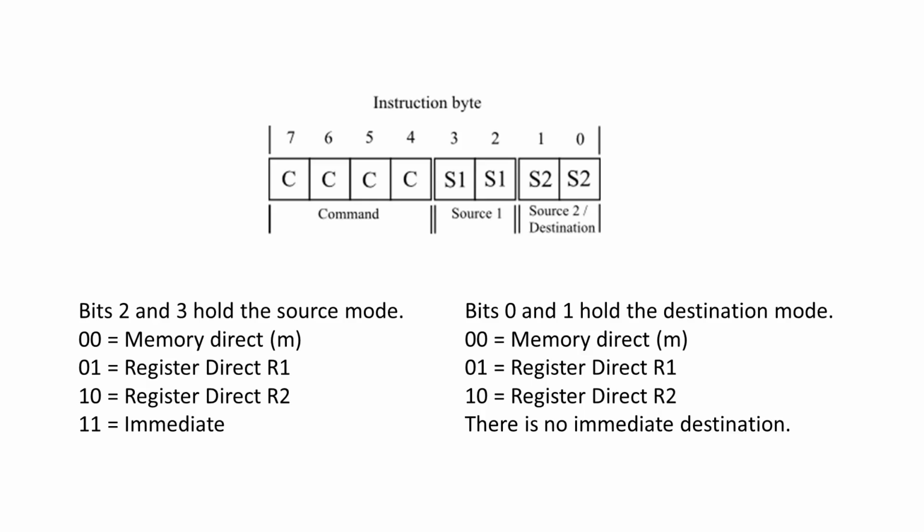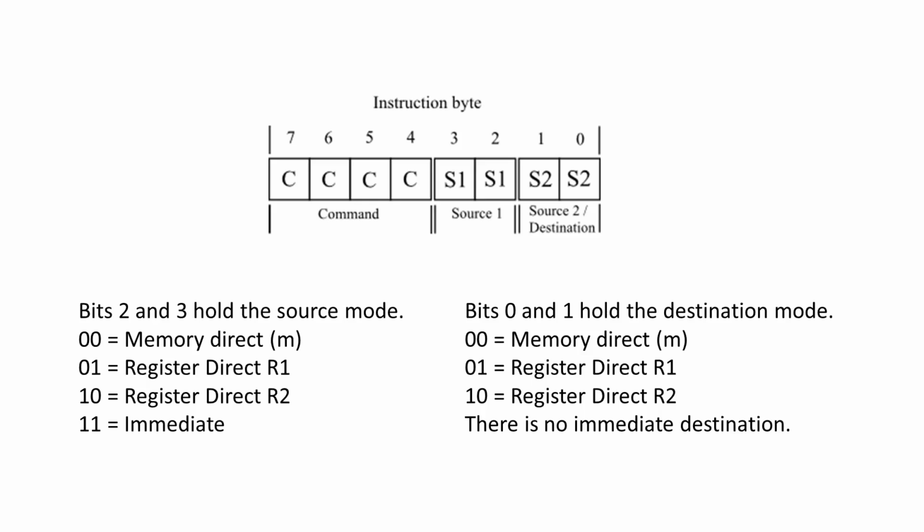Now, the next two bits, 2 and 3, indicate where the source of the data is coming from. So if you're going to do a move instruction, you need to know what to move. Source 1 could be, if you look on the left, memory direct. That means the next byte in memory holds the address of where the data is.